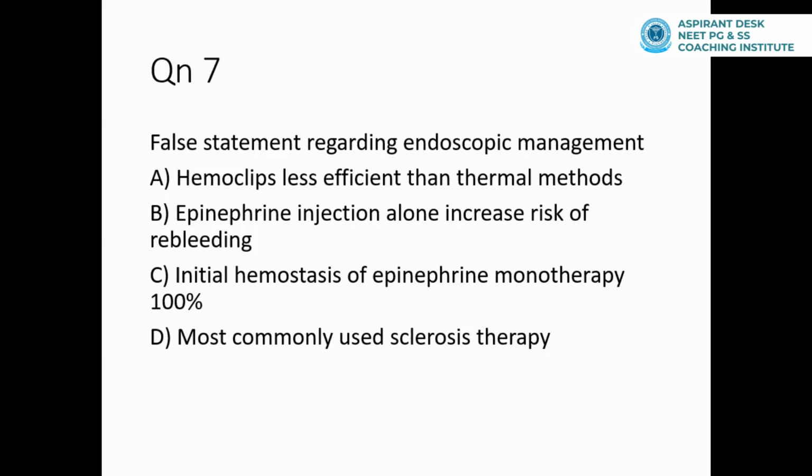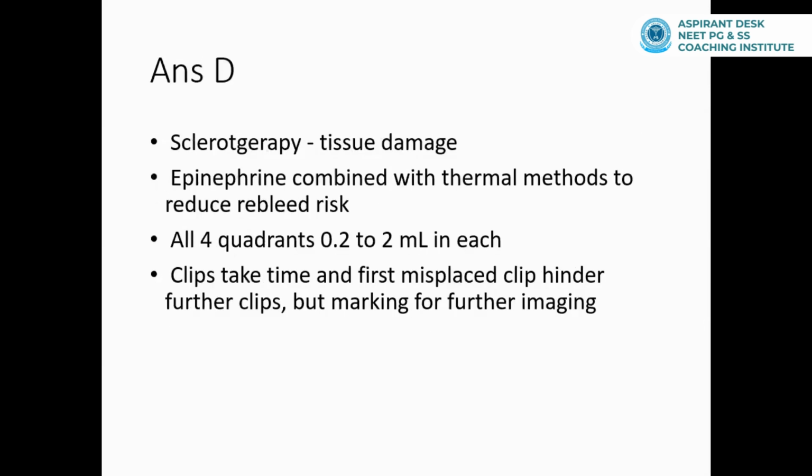Okay, the initial hemostasis of epinephrine monotherapy is 100%, but the rebleeding risk is very high with epinephrine monotherapy. But the fourth option is wrong. Most commonly used is not sclerosant therapy. So sclerosant therapy is less attractive because of tissue damage. And epinephrine is combined with thermal methods to reduce the rebleed risk. In all four quadrants, we should instill 0.2 to 2 ml of epinephrine.